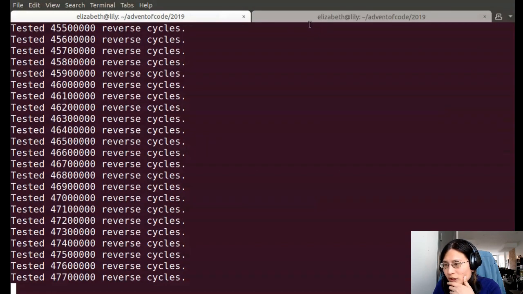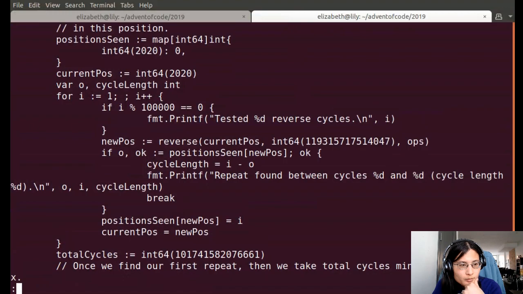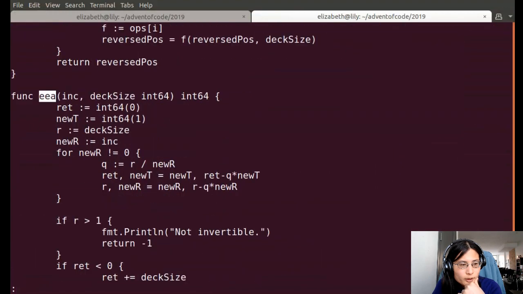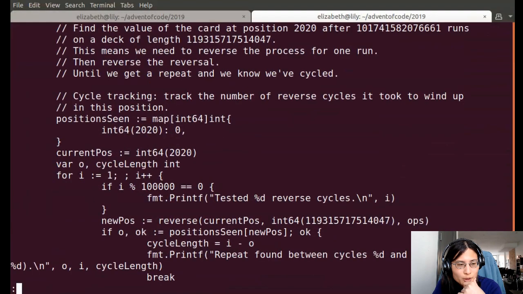The interesting question, I guess, is are there any patterns in what we see after doing one reverse cycle? Like, am I filling in a very specific part of this map?